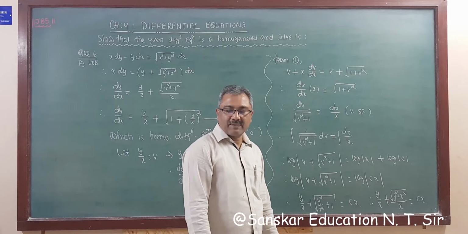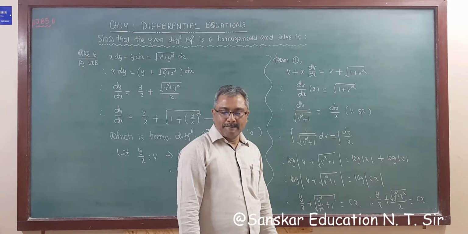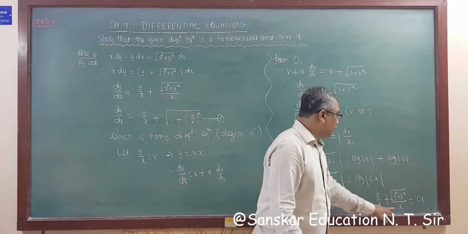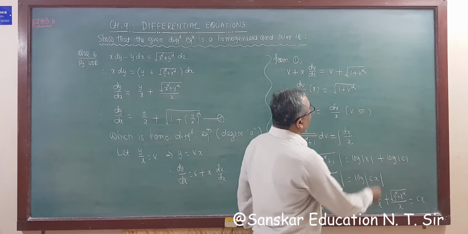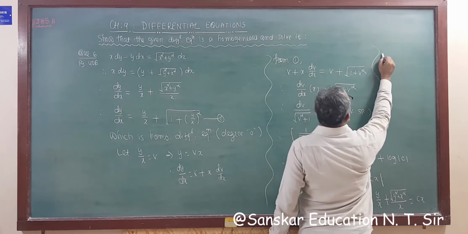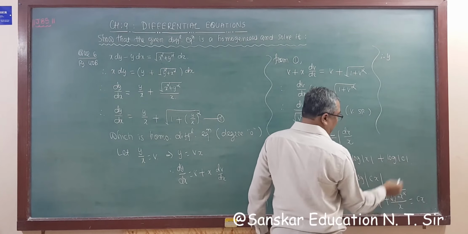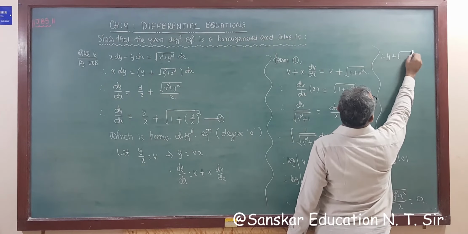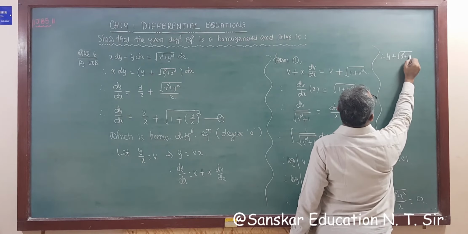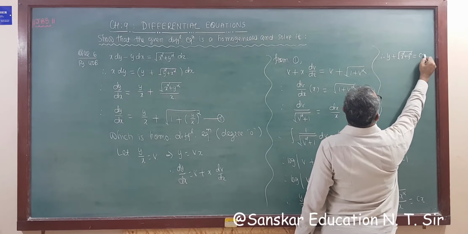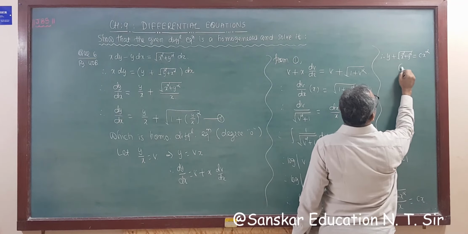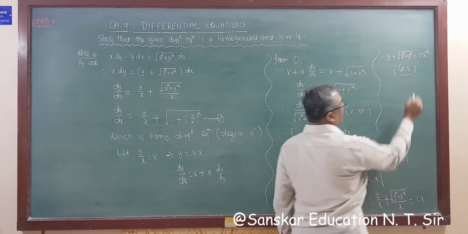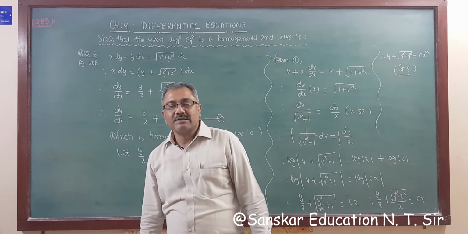Got it? Any problem? Now if you want to remove x, then y plus under root x square plus y square is equal to cx square, which is the required general solution.